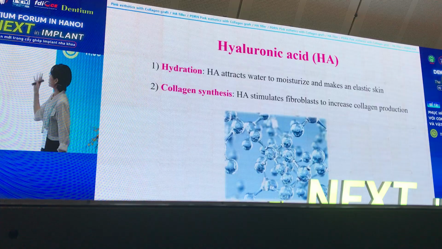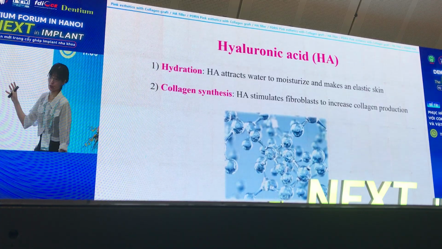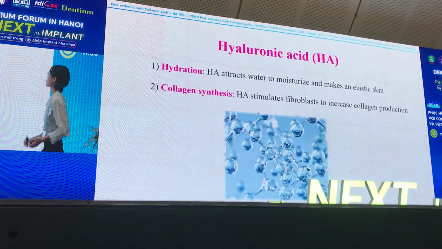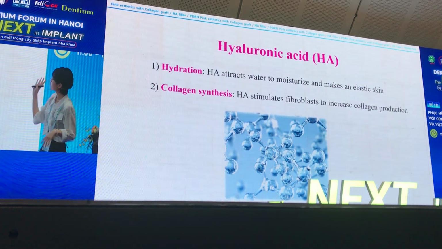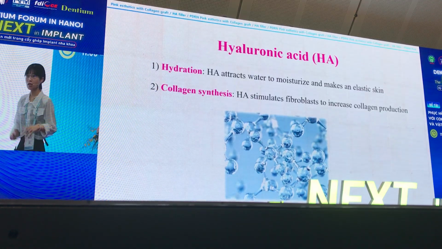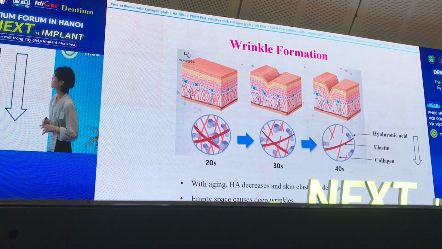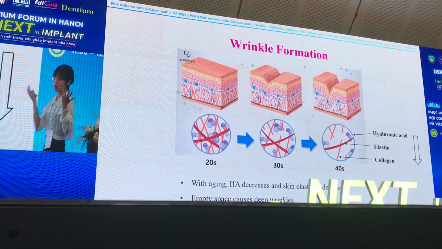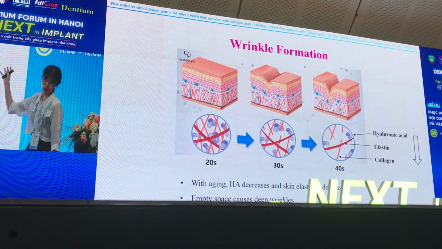So the hyaluronic acid, HA, acts as hydration because HA attracts the water to moisturize and also make an elastic skin. And also, HA stimulates the fibroblast to increase the collagen production. So it is very helpful for skincare, right? In cosmetics, HA is widely used for skincare items. So let's look at the wrinkle formation.